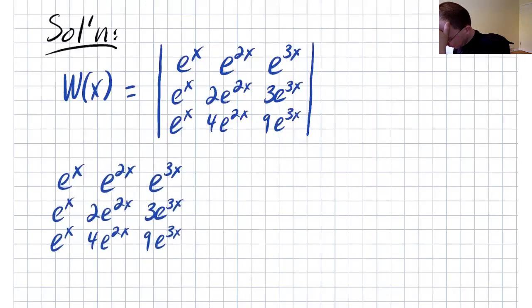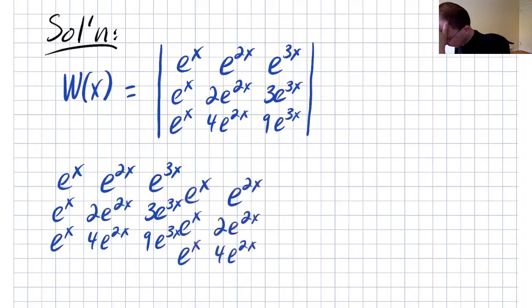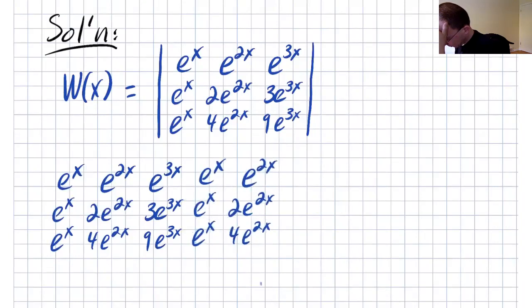So I'll write that down, then take the first two columns and paste them over here. And then we have our forward diagonals. So that's e^x, 2e^{2x} and 9e^{3x}. So let's just start writing this down.